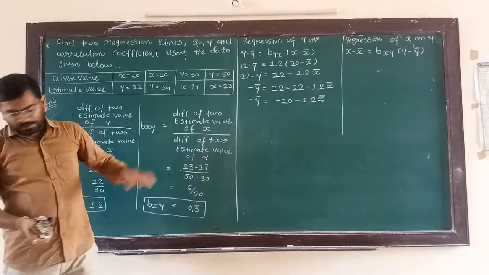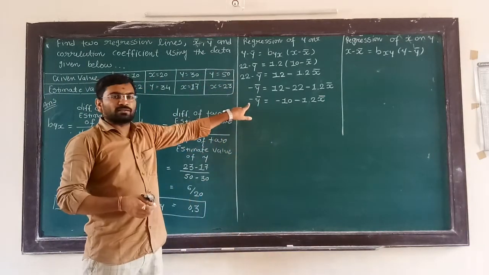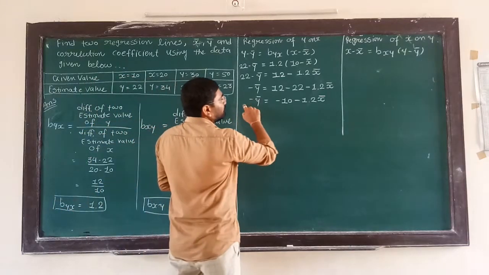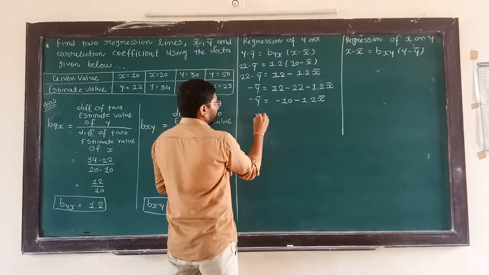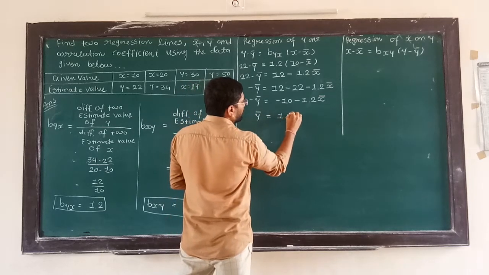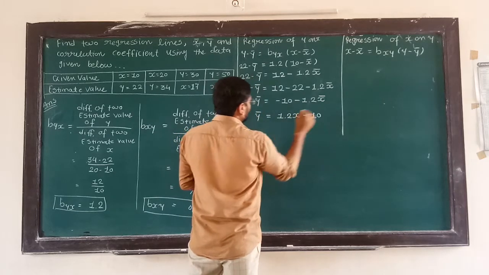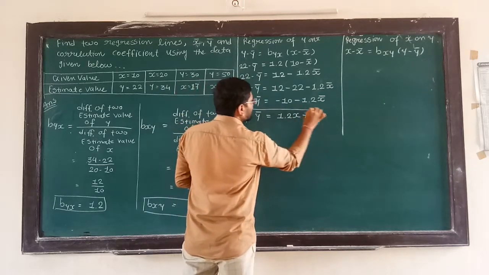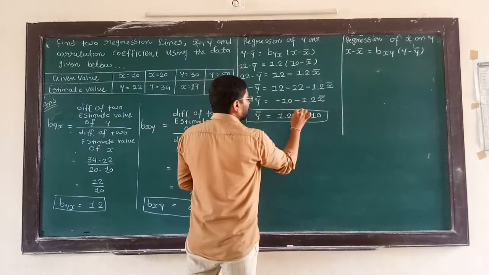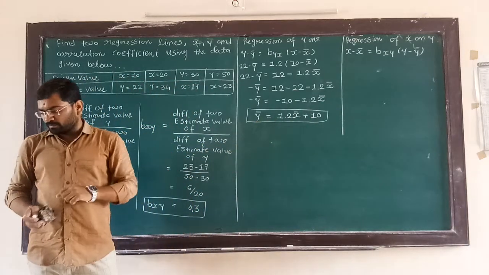See the students, all the signs are minus, so take it common: y bar equals 1.2 x bar plus 10. Here we got the first regression line of byx, but in terms of x bar and y bar.